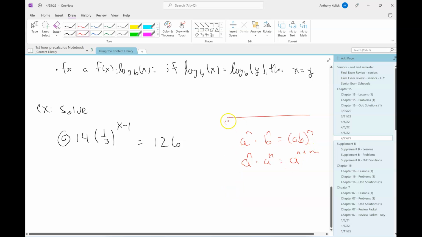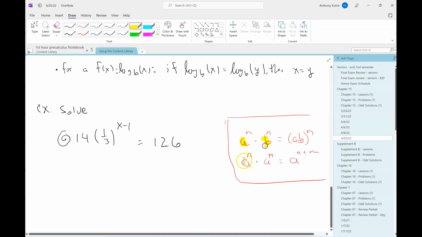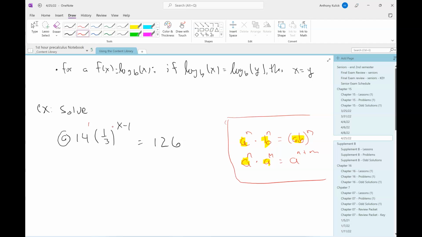What do you mean by base? So this is the base of the exponential, the thing that we have a power of. Here I have 14 to the first times 1/3 to the x minus 1. The bases are different and the exponents are different. We can't multiply those two things together.